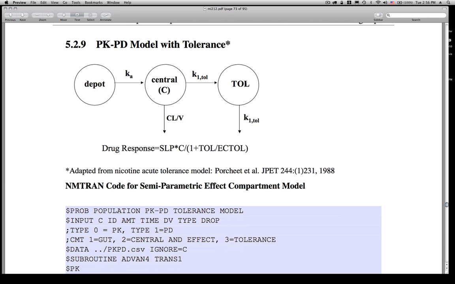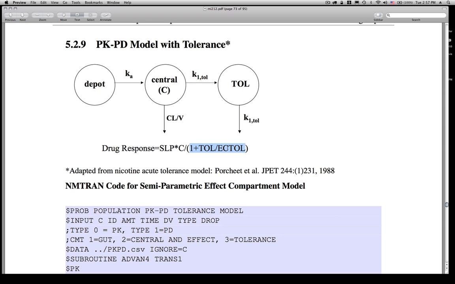So the way that this works is that drug response is equal to slope times concentration. So that's a linear pharmacodynamic model right there. But that's modulated now by this part of the expression, 1 plus the tolerance concentration divided by EC-tol. So EC-tol represents the sensitivity.